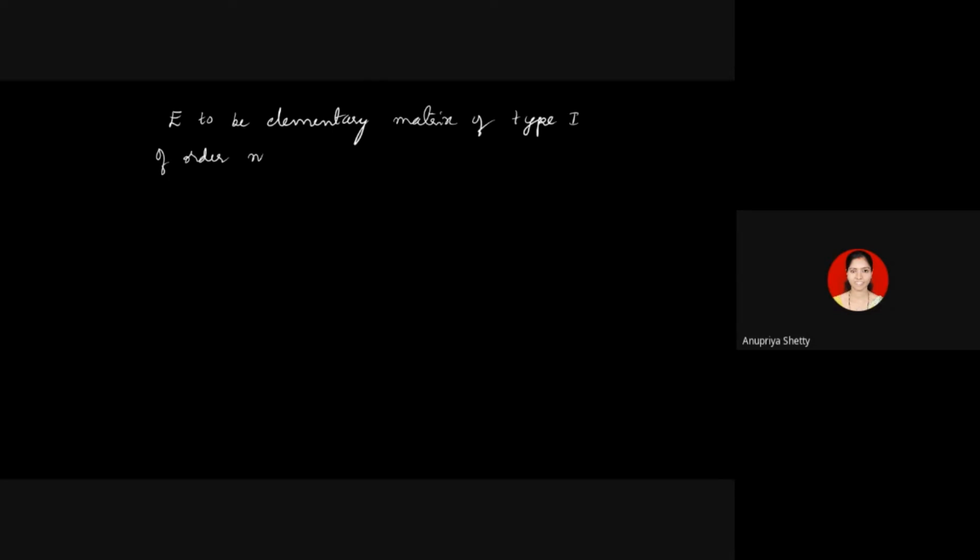That is, it's an n by n elementary matrix, n rows and n columns. You know what is the general form of E? E is of the form In plus a Eij, where a is non-zero and i is not equal to j.